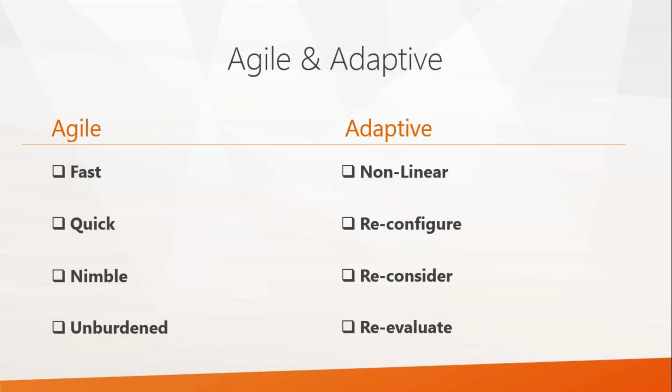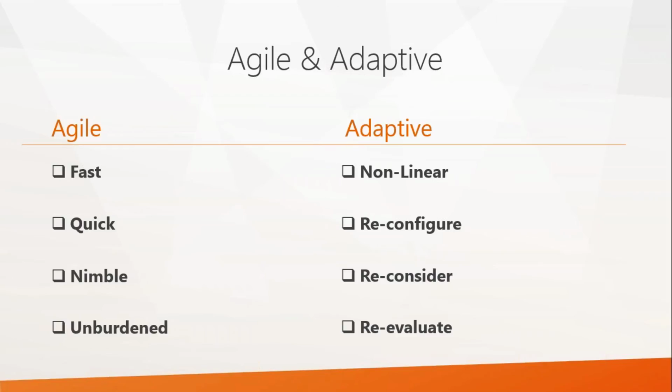Adaptive is, first and foremost, in order to be adaptive, you have to have some kind of nonlinear system in place. So linear systems are not going to be adaptive at all, and we can pretty much say that right off the top. Adaptive also means the ability to reconfigure, reconsider, or reevaluate.